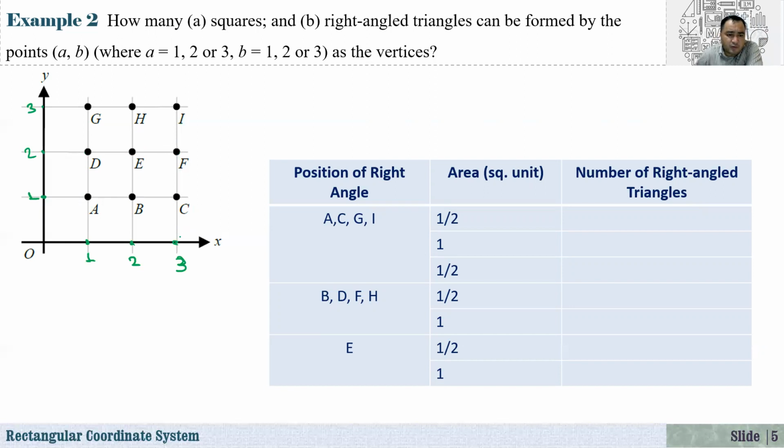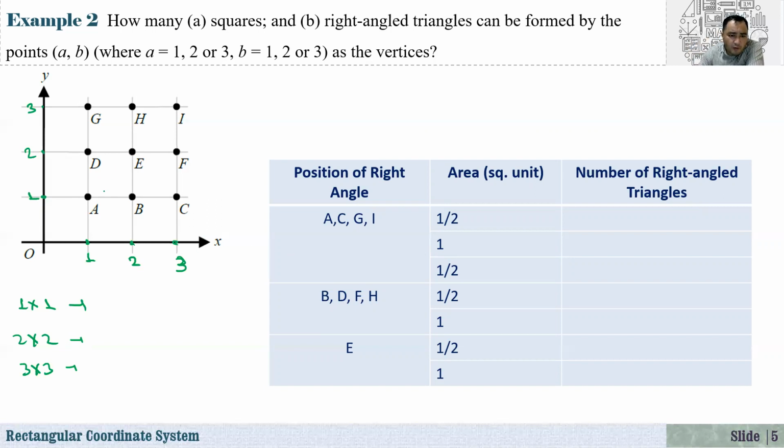So number 1, let's talk about the number of squares. To find the number of squares, how many different types of squares can I form here? I can form 1 by 1 squares, 2 by 2 squares, and 3 by 3 squares, so 3 squares of different length. How about 1 by 1?